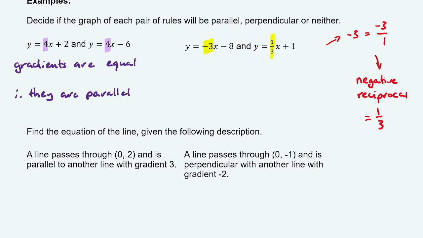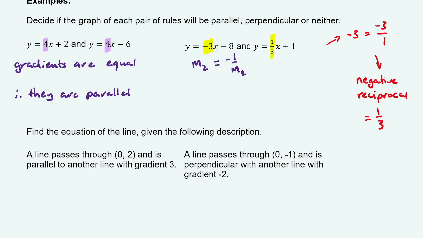So then here we have M2 is equal to -1/M1, or 1/3 is equal to the other way around. I should have done that a bit differently.